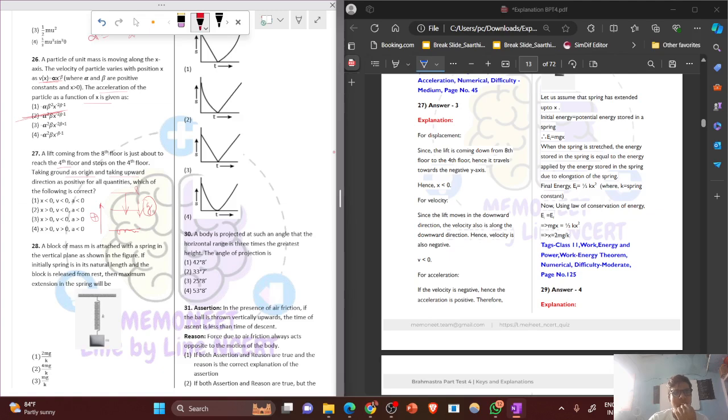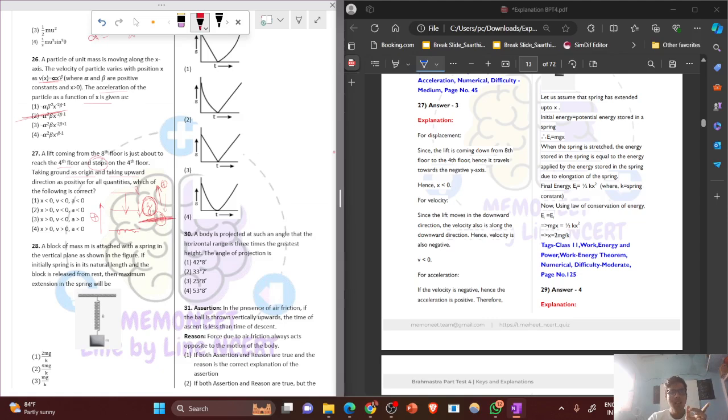Now suppose it stops. That means there should be a force to stop it. So the net acceleration should be in the opposite direction. There is an acceleration due to gravity downward, but if its speed is decreasing, then there must be an acceleration in the upward direction, which is decreasing this g and goes to zero because it just stops.